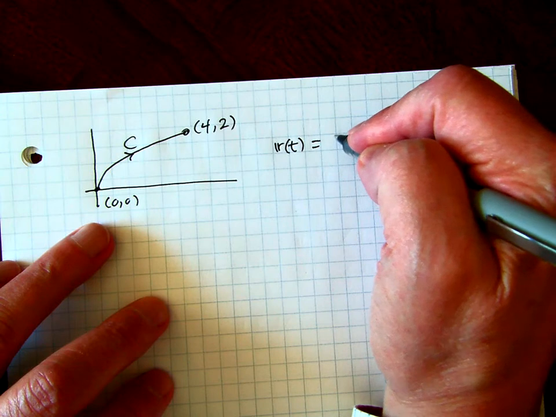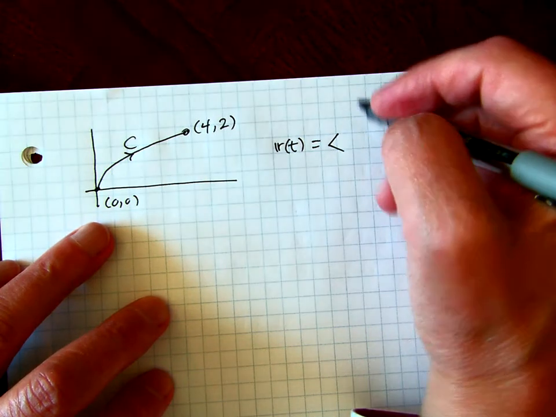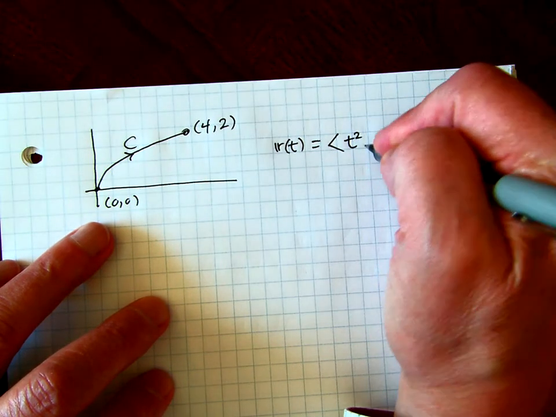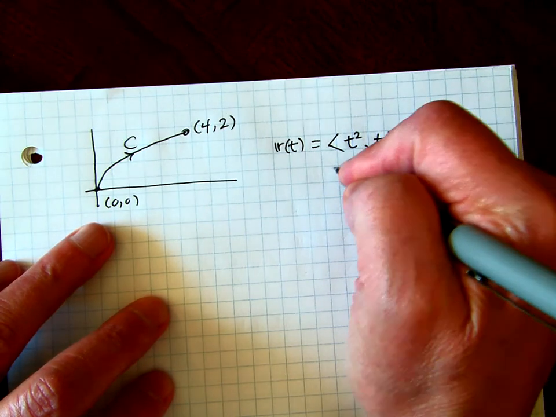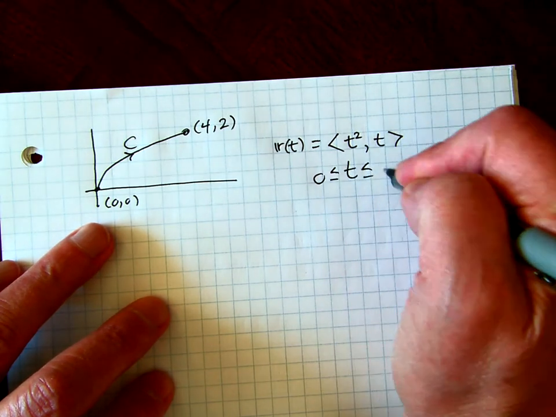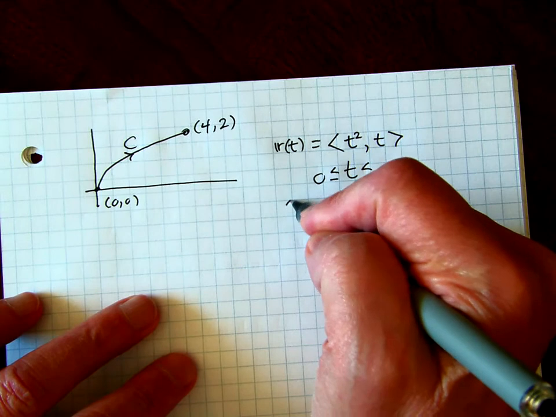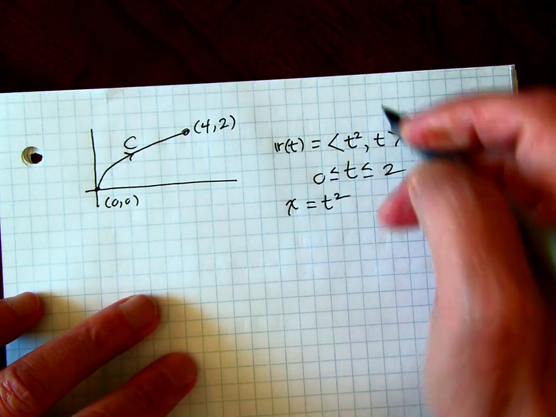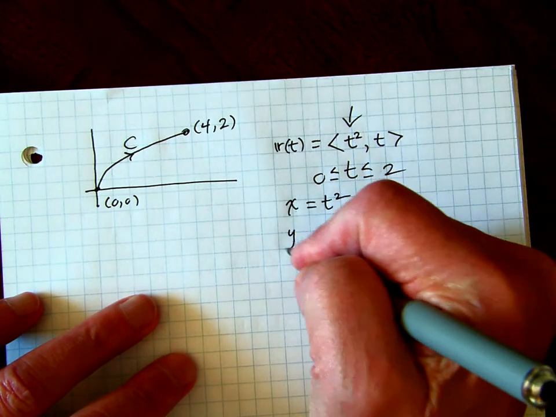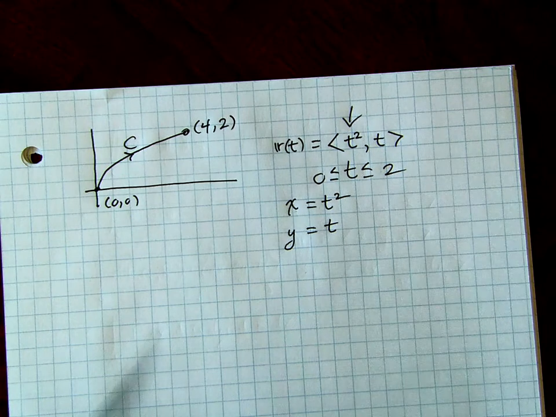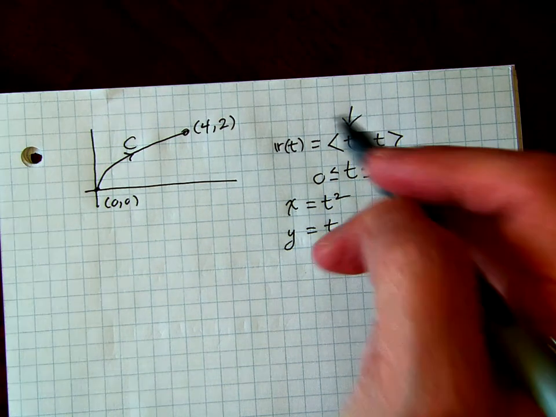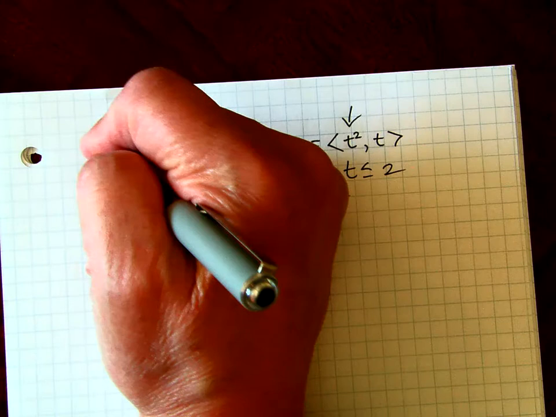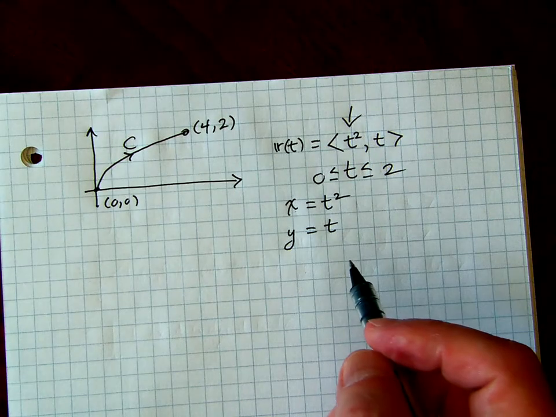Well, for my x component, I'm simply going to have t squared, and for my y component, I'm going to have t, as t goes from 0 to 2. In other words, x equals t squared, and y equals t. Check it out and see if you agree with that. See if it makes sense to you and that you could do it yourself if you had a similar problem.